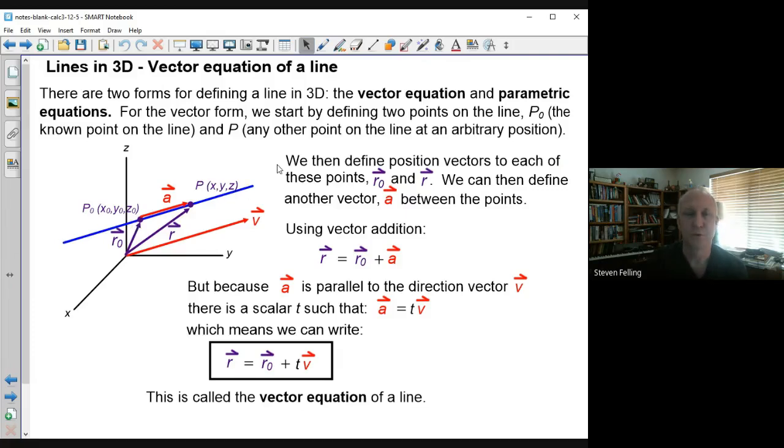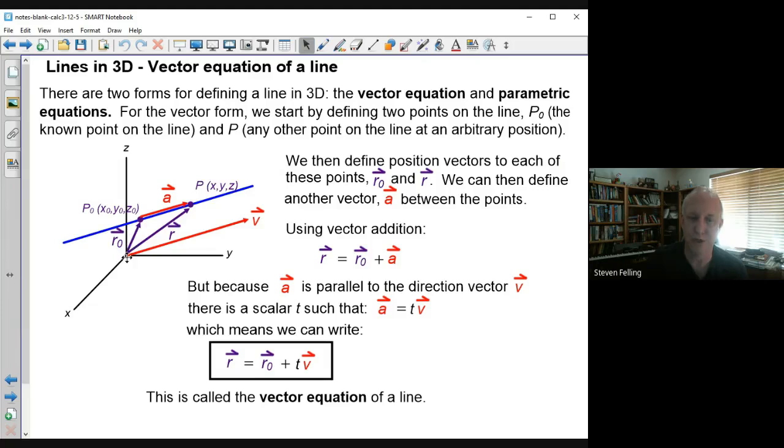Okay. All right, so what we can do is we start by defining 2 points on the line. One of them is going to be called P0, which is a known point on the line. So we'll have actually numbers here like 2, 5, 7 or something like that. And then we'll define a generic point P that has a generic x, y, z that is allowed to float and move along the line. Okay, so one fixed point and one movable point. And then we define position vectors to each of these points.